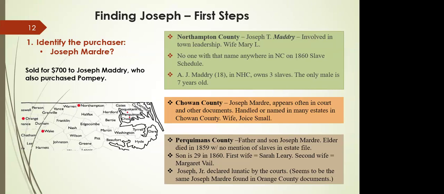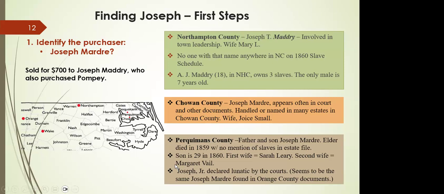This Joseph, sometime in the late 1860s, was actually declared a lunatic by the courts. He also seems to be the same Joseph Marjorie who was found in Orange County documents way over beyond the center of the state. It took me a while to figure out that it was him, but eventually I got to some documents mentioning the family back in Perquimans County, so I knew that it was the same Joseph.